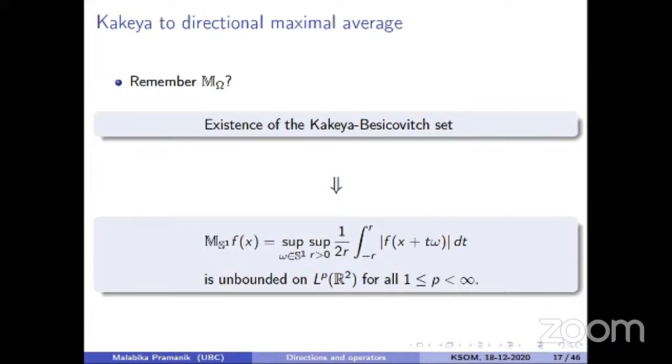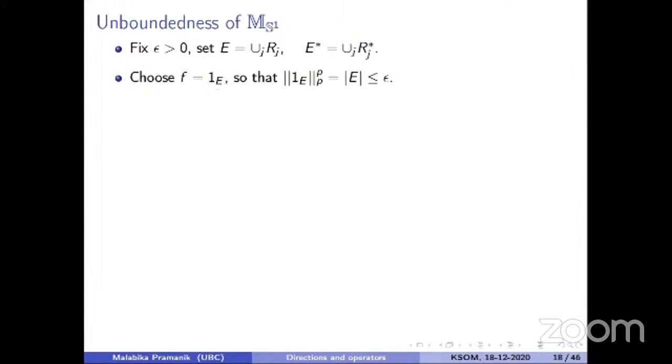How can we see this? To prove the unboundedness of an operator, the idea is to construct a sequence of LP normalized test functions f, such that the LP norm of the maximal operator applied to f gets progressively larger.